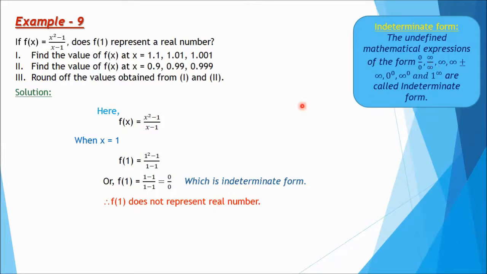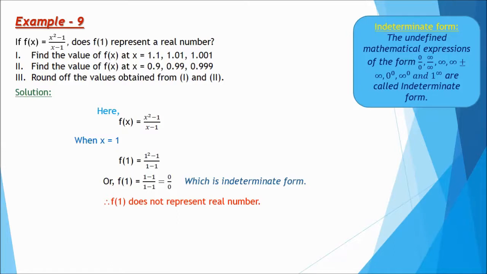Divide or multiply sign, whatever it is, we just have to understand that if we come across these forms, 0 by 0, infinity by infinity, infinity minus infinity, infinity plus infinity, 0 to the power 0, infinity to the power 0, 1 to the power infinity, or any value to the power infinity, they are indeterminate forms. They are mathematical expressions, but they are not a real number. So f(1) does not represent a real number because it's in indeterminate form.